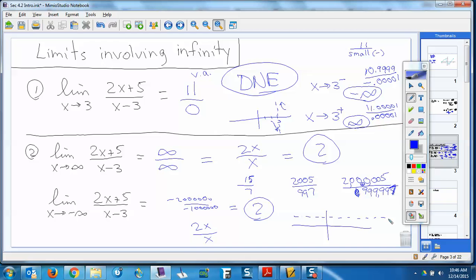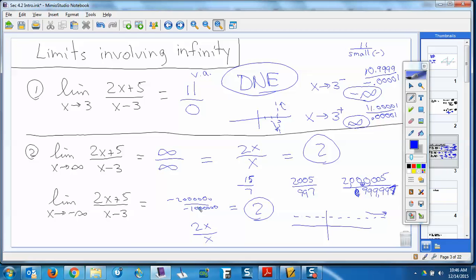And so what's happening is this is getting closer and closer to 2. Now, it's a little bigger than 2. Remember we were getting 2.000 something? So actually it's leveling off from above. What about here? No, I don't think so. I think it's actually above also. Oh yeah, you're right.